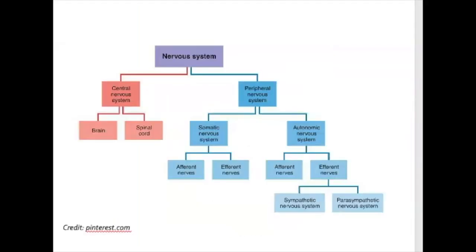If you go onto the internet or into textbooks, you can find lots of charts like the one you're looking at on this slide. And depending on the source material that you use, the way that the nervous system is outlined can vary. So if you look at this chart, they're depicting the nervous system at the top of the chart, and the first branches that they're making are into central and peripheral.